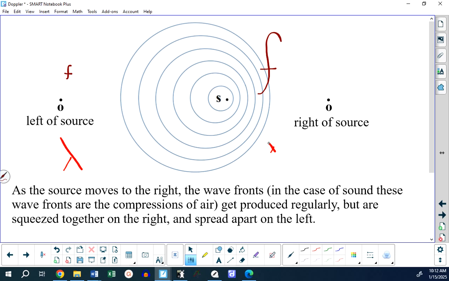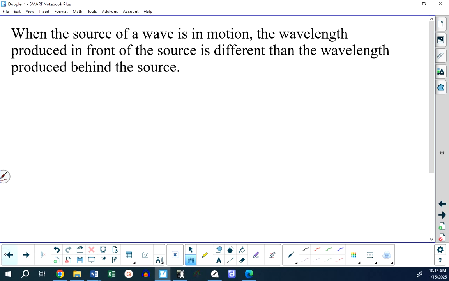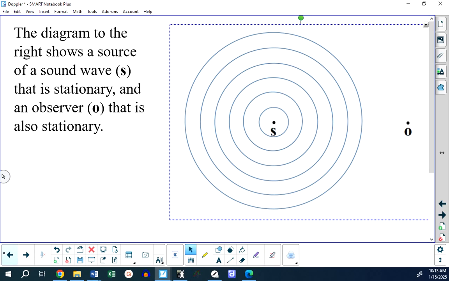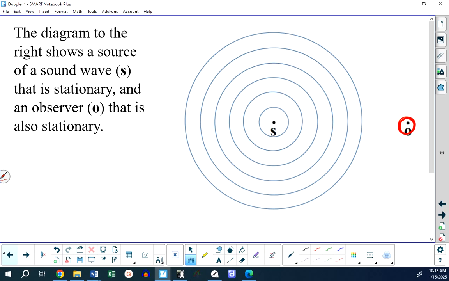If I go back to this diagram, if the source moves towards me, these compressions get closer together, so they're going to pass me more frequently. I hear a higher frequency. If I, the observer, move this way, these ripples are not actually getting closer together, are they?